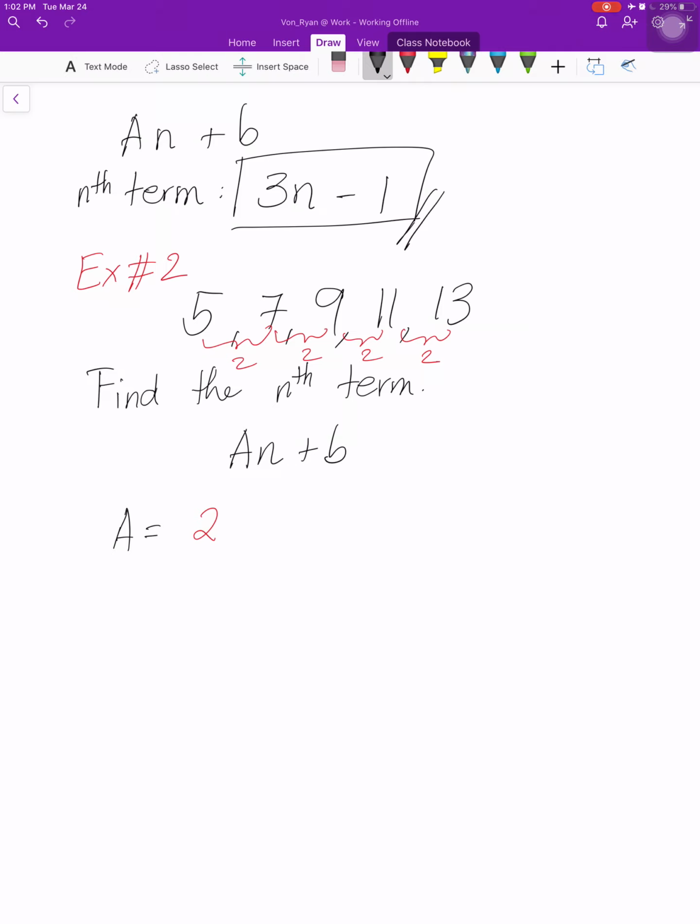Now you're going to look for b. B is equal to n sub 1 minus a. In this case, it's going to be 5, the first term, minus 2, so it's 3. Therefore, our nth term is 2n plus 3.